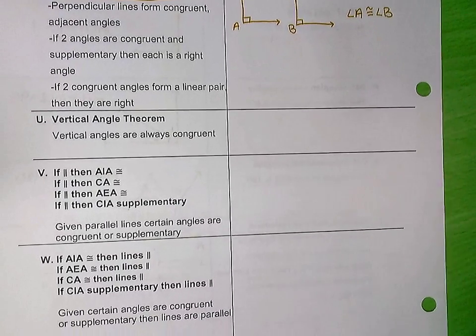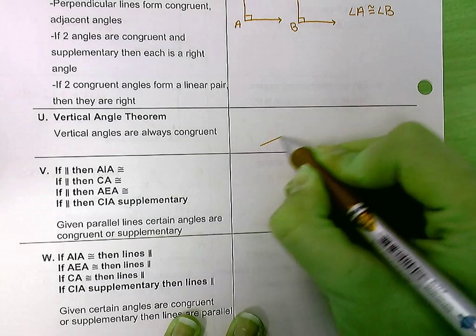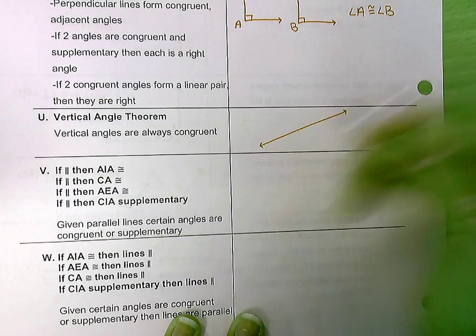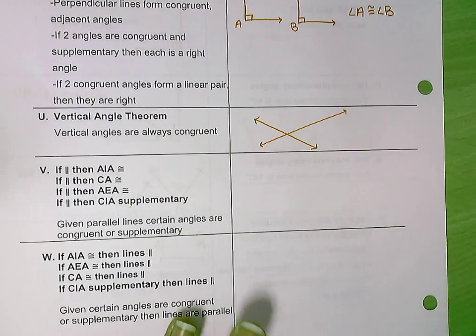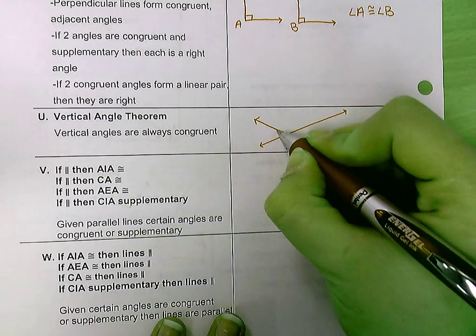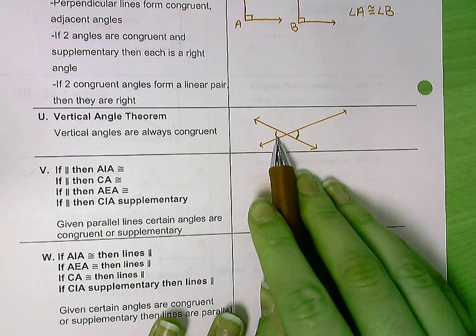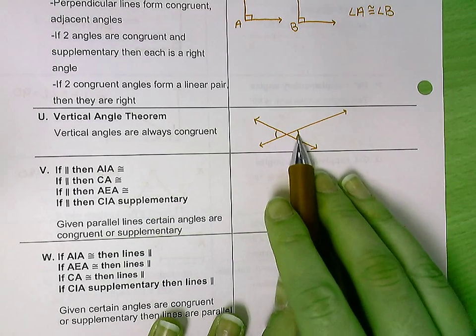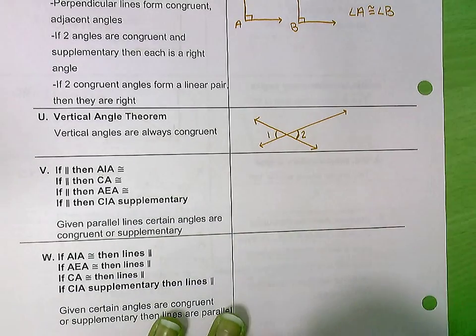The next one is the vertical angle theorem. Vertical angles are always congruent. So if you have a picture where you have two intersecting lines, I'm going to mark them. I have this first angle here, the second angle here. We can do 1 and 2.